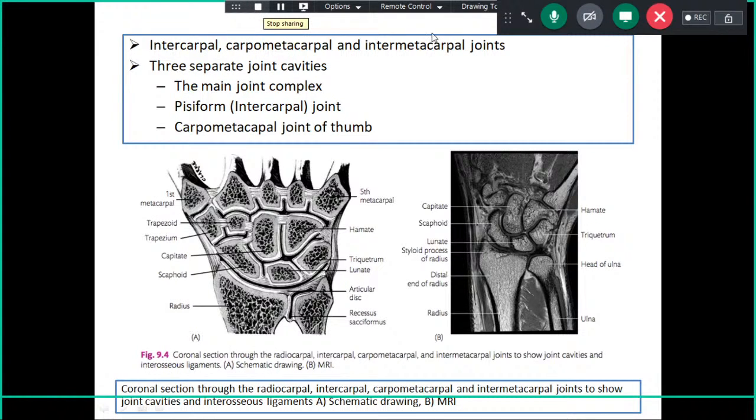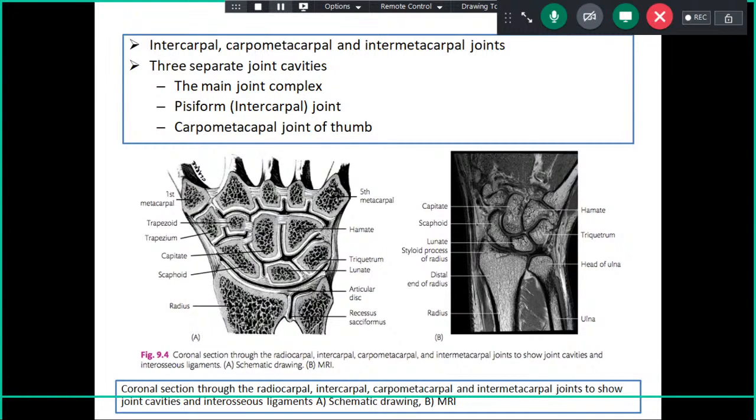Talking about all these joints as a single entity, they assume three separate joint cavities as such. It is described as a main joint complex, the pisiform joint, the intercarpal joint, and the carpometacarpal joint of the thumb as separate. Now what was the meaning of that, that it is written as a main joint complex?